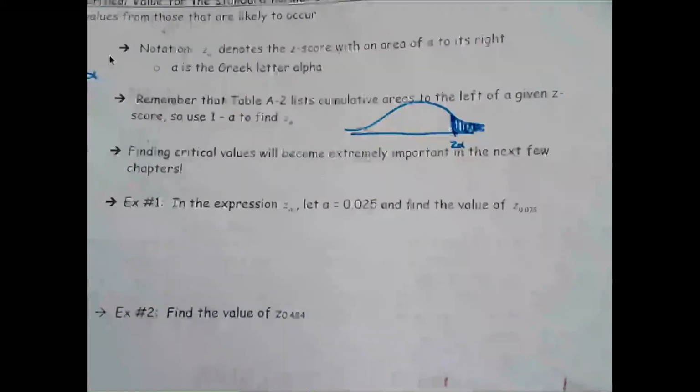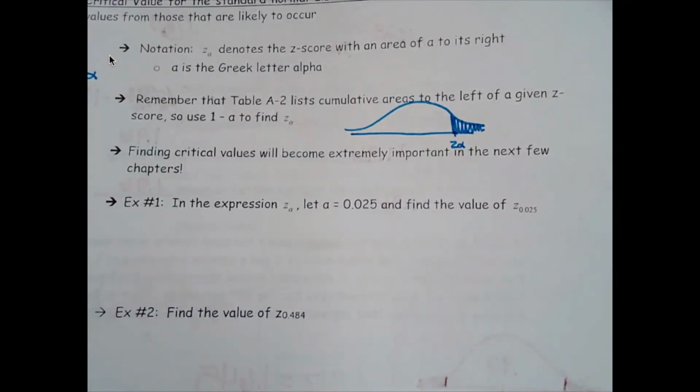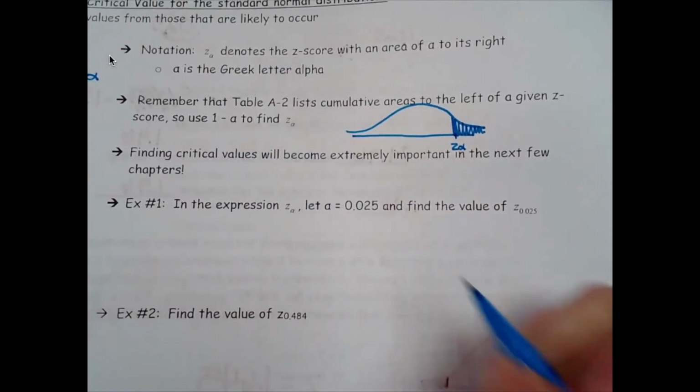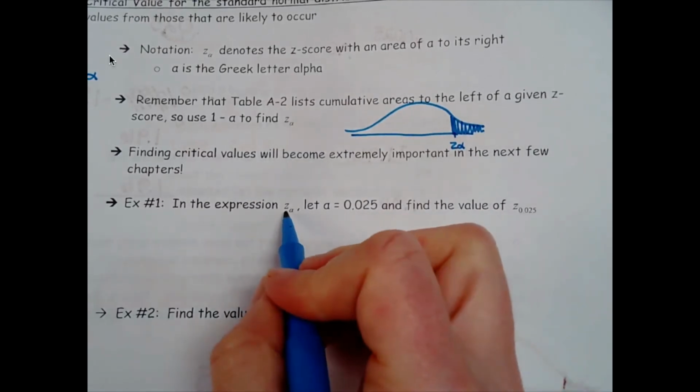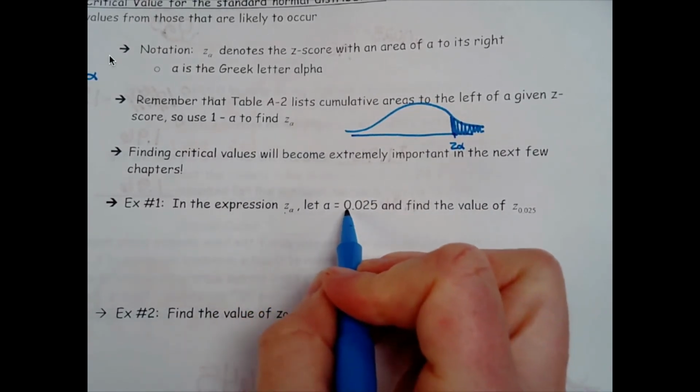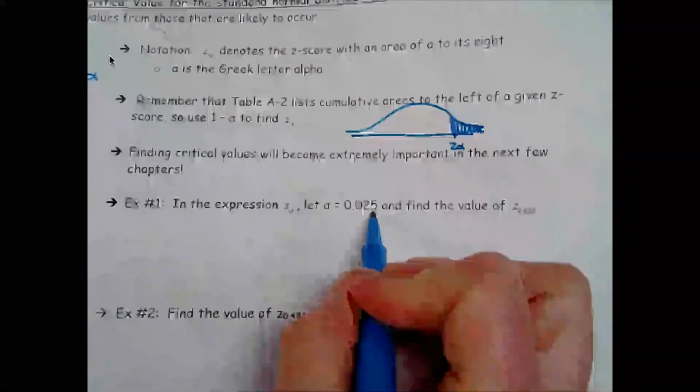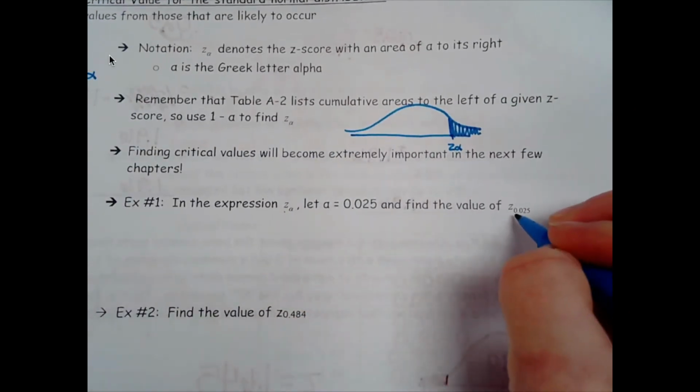Finding critical values will become extremely important in the next few chapters. So if we have this example, it says Z alpha, let alpha equal 0.025. Find the value of Z alpha 0.025.